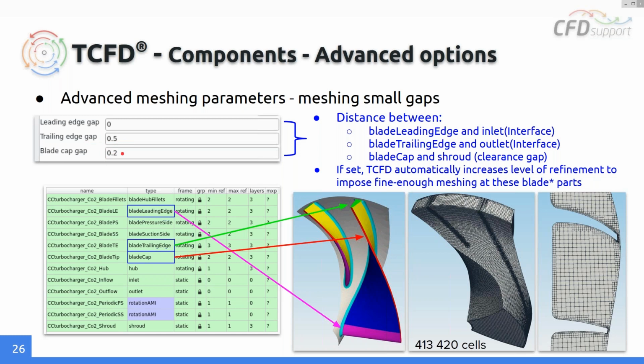TCFD then automatically sets the proper level of refinement to mesh these gaps. If we provide the blade cap gap, it automatically remeshes these parts to have a finer mesh only in these gaps, and a rough mesh apart from these gaps to save a lot of cells. For example, here is such a mesh, and we have something around 400,000 cells.